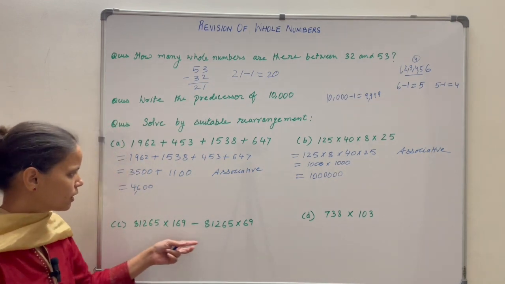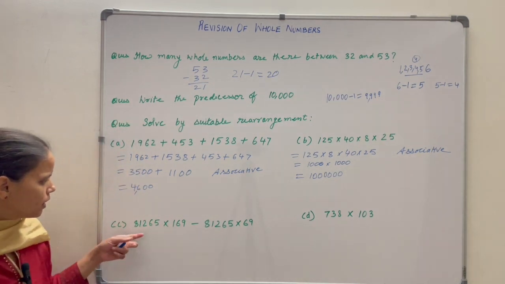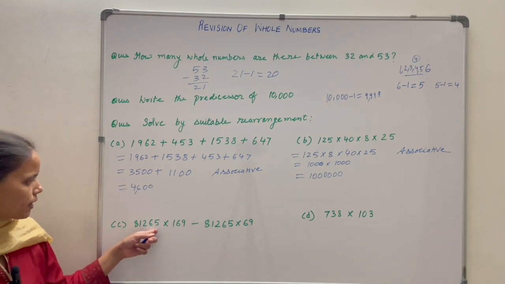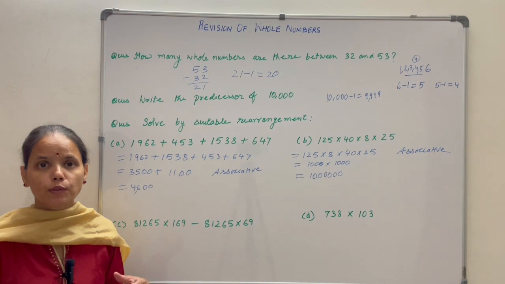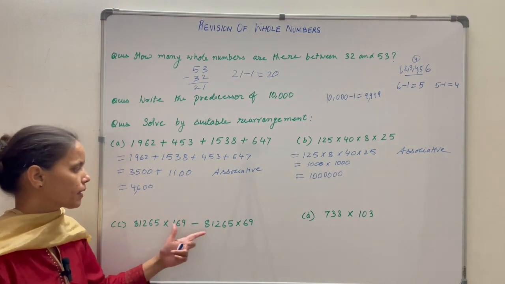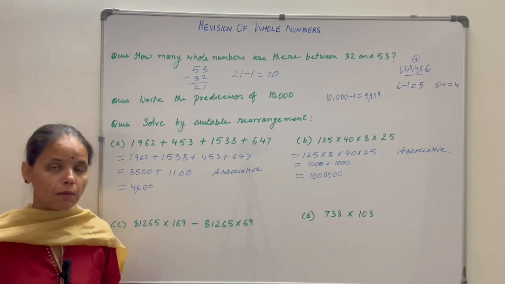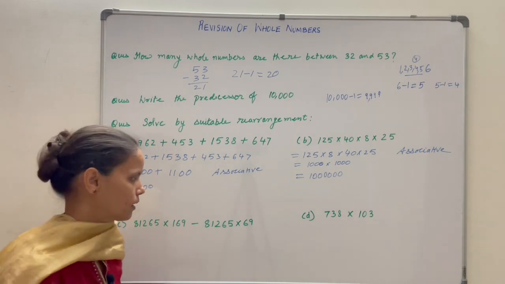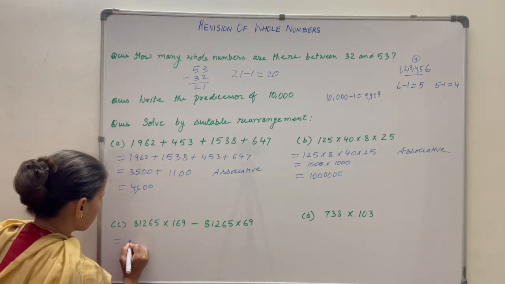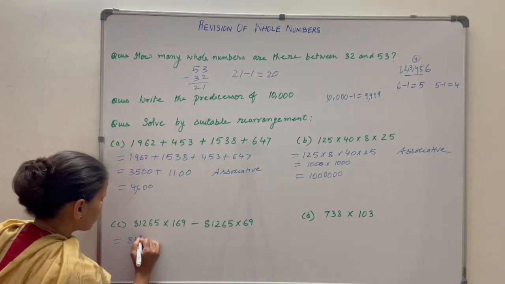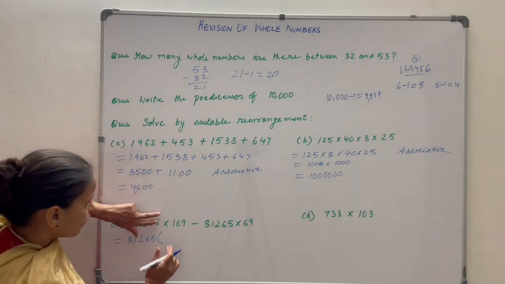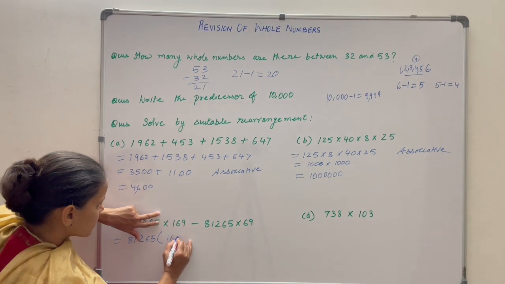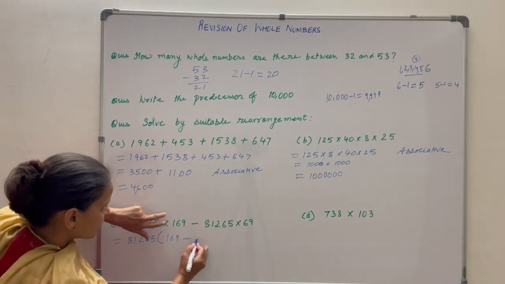Now, when you see these numbers, you can see 81,265 is common in these two numbers. So we are going to take this number as common and apply the distributive property here. So I will take 81,265 common. When you take this common, what is left here? 169, and this minus sign is written as it is.